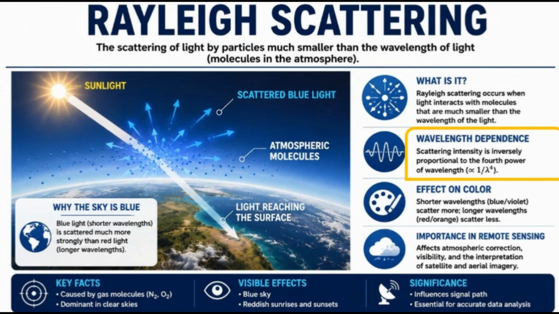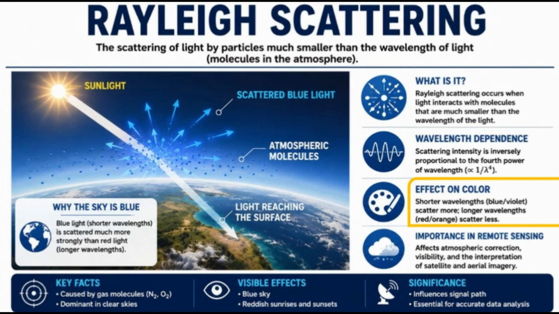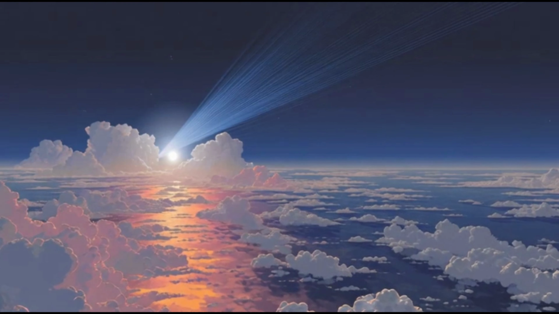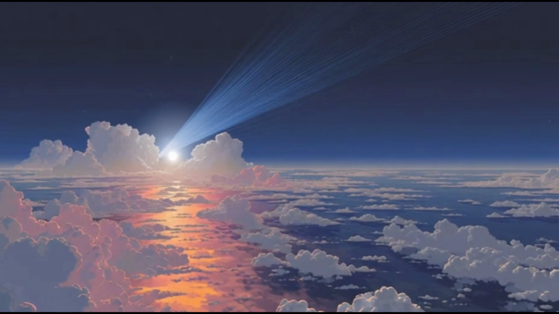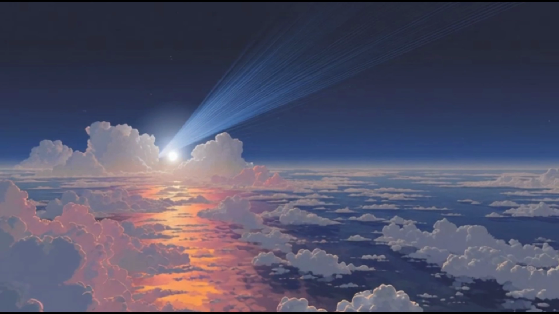Now, the scattering intensity is inversely proportional to the fourth power of the wavelengths. And we also need to know that the shorter wavelengths, that is, the blue and the violet wavelength of the electromagnetic spectrum, scatter more, while the longer wavelength, that is, the red and the orange components of the electromagnetic spectrum, scatter less.